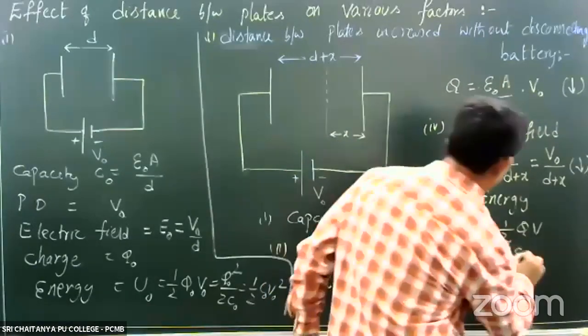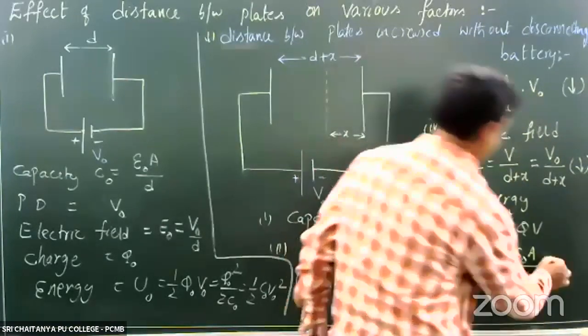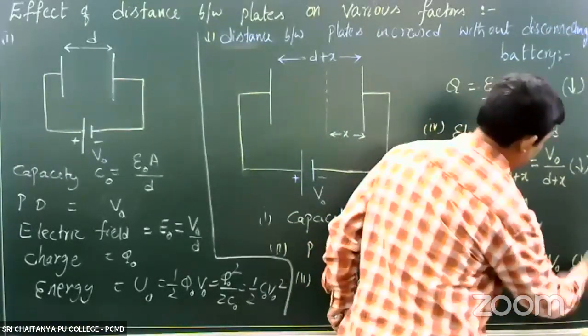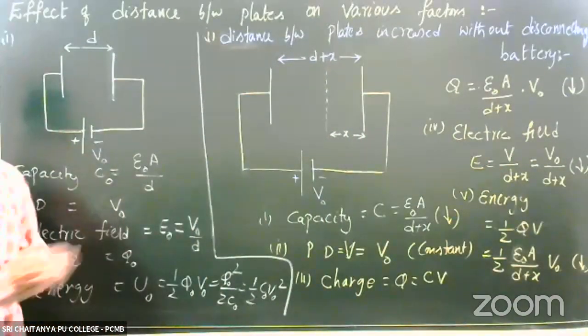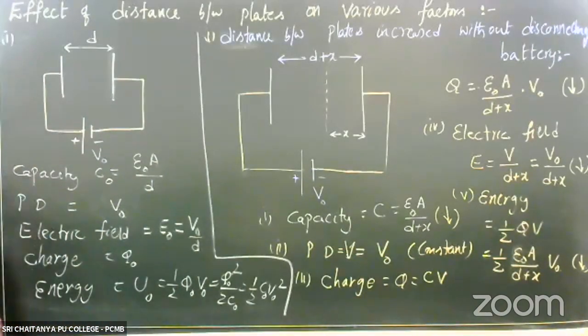Half Q V naught, this decreases, so energy decreases. These are the effects whenever separation between the plates is increased. Come on, note down.